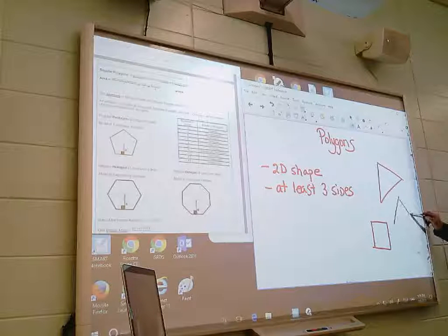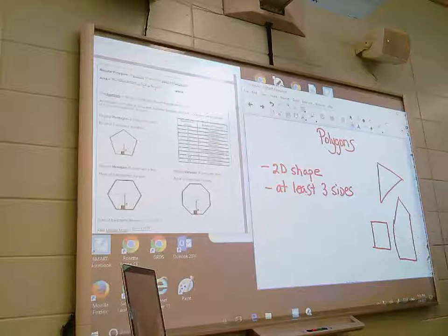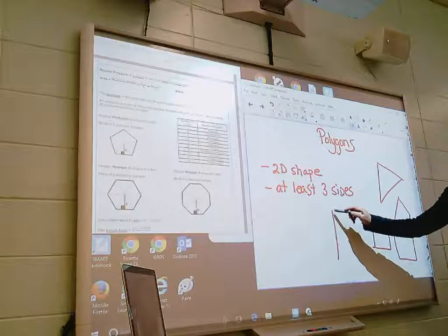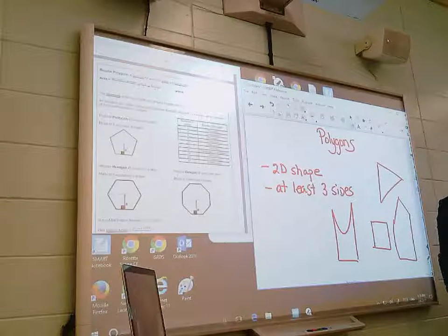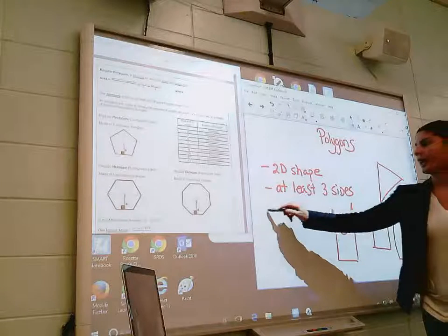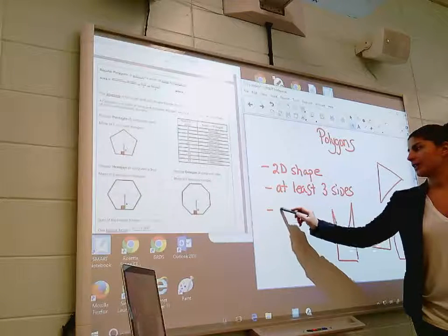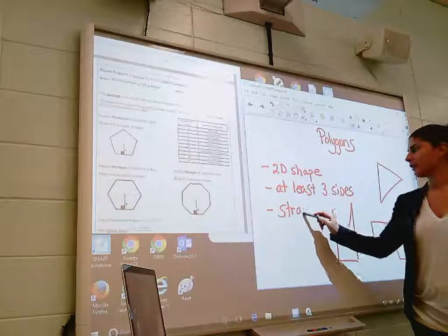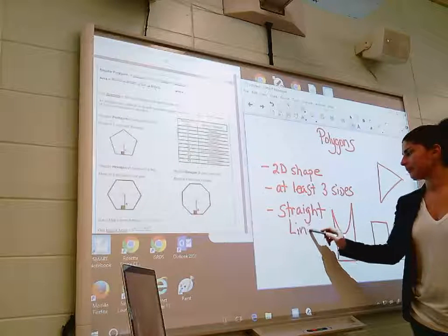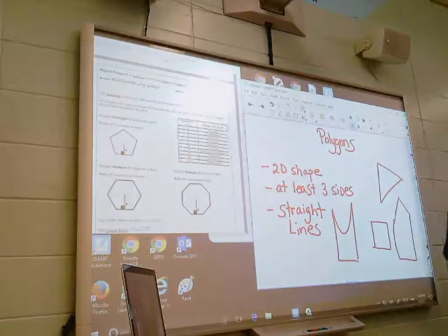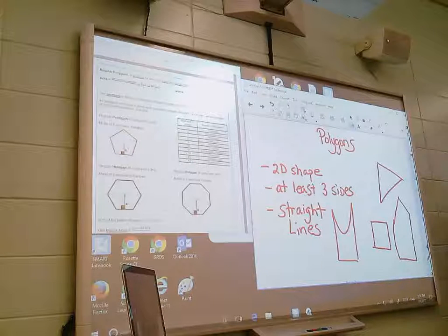We can definitely have 5 sides. That's a polygon. Now, can I have a circle in a polygon? Some type of curve in a polygon? No. So they have to be straight lines. So a polygon has to have straight lines. You have to have at least 3 sides, and it must be flat shaped, 2D.